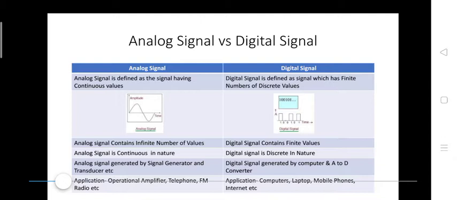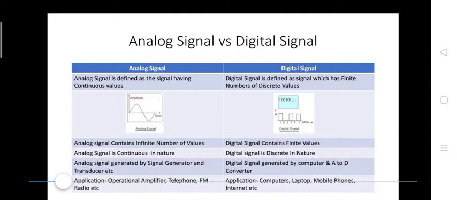Third point, analog signal contains infinite number of values. That is, if we observe the waveform and select any two different points, if you connect these 2 points, then these 2 points contain infinite number of intermediate values.